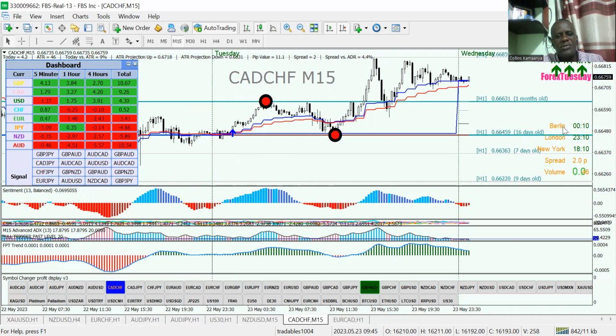Now, if I look at the clock here, Berlin now, which is the Frankfurt market, is at midnight. London is approaching midnight. New York, the trading session has just ended. So I would advise you guys to be on your trading station at 8 a.m. Berlin time, such that by 9 Berlin, which will be 8 London time, when London opens, the signals come 1 hour before, sorry.